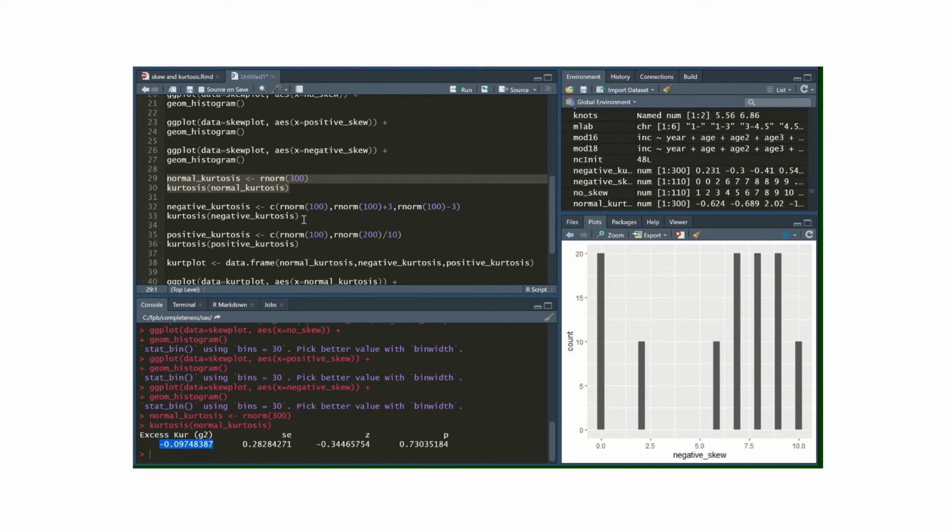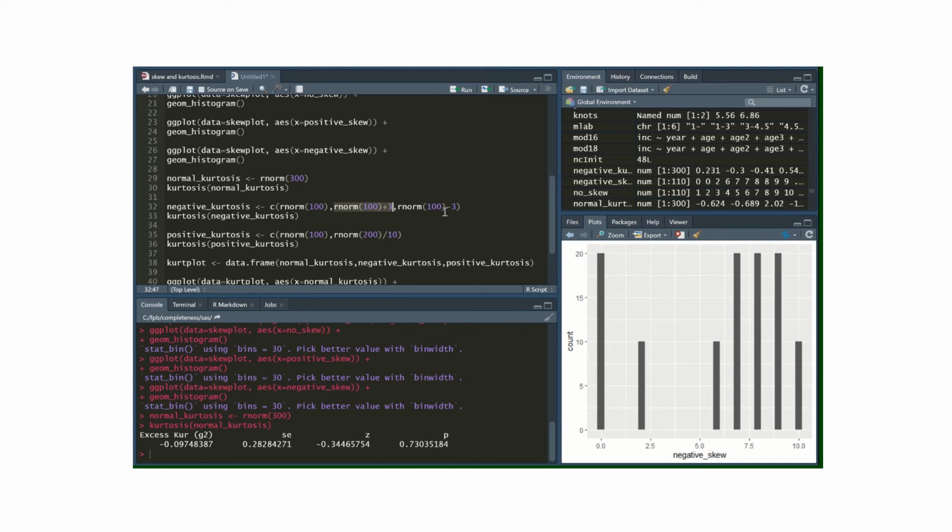Okay, now for negative kurtosis, what I'm doing is I'm generating 100 random values like before, and then I'm generating 100 random values and then adding 3 to those numbers, and then I'm generating 100 values and subtracting 3.